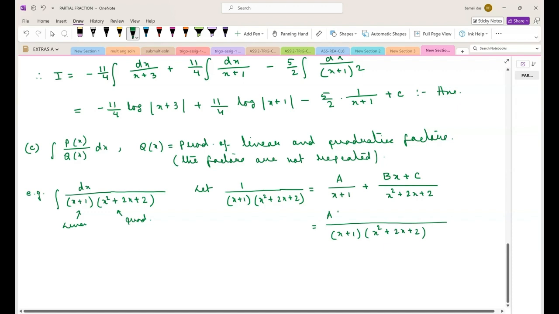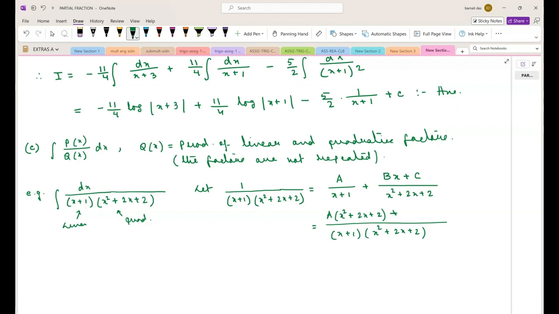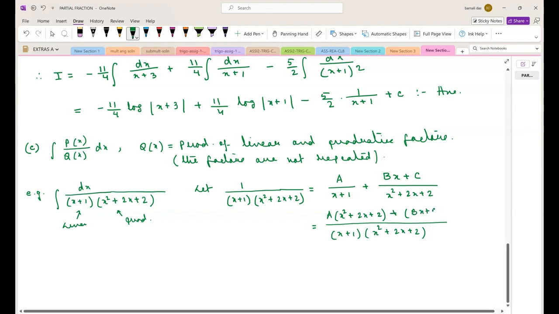So A into x square plus 2x plus 2, plus Bx plus C into x plus 1.